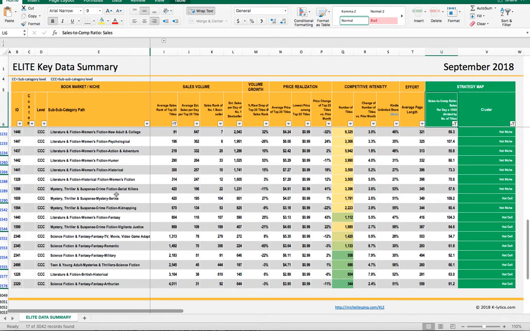Then I pick something and mash it together, and boom, I have a new way of looking at what I possibly want to write or incorporate in existing series and titles. Okay, so let's do that. The best one I have here is literature and fiction, women's fiction, new adult, and college, with a sales rank of around 91, which puts you in the top 100 if you manage to be here.